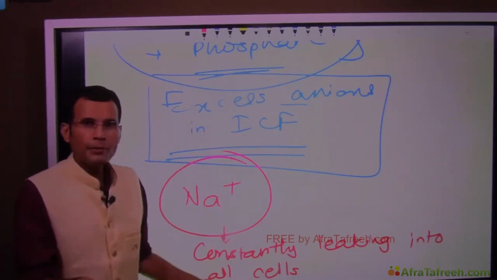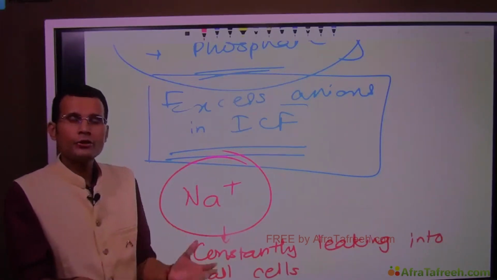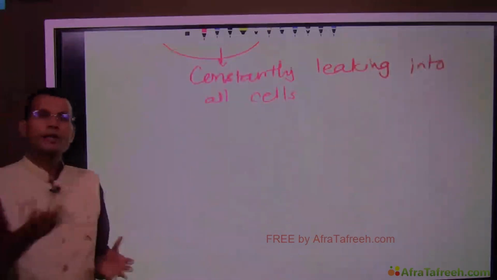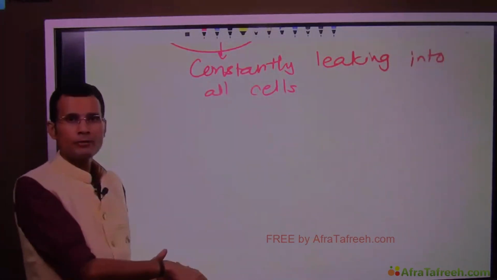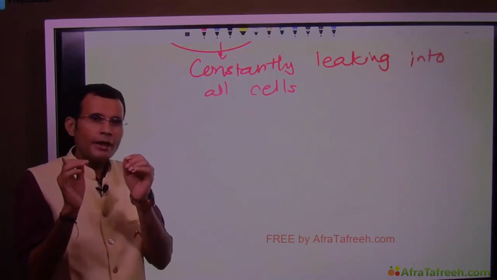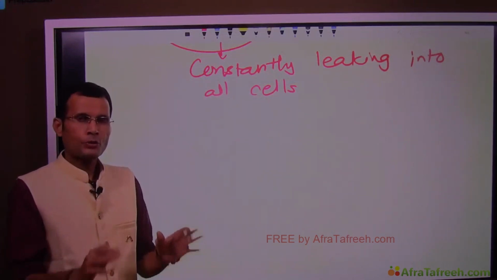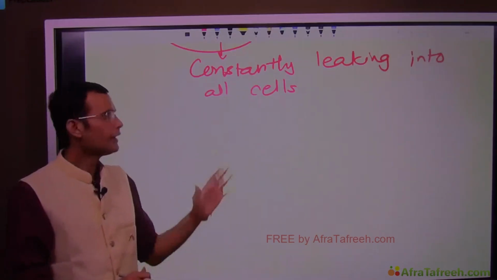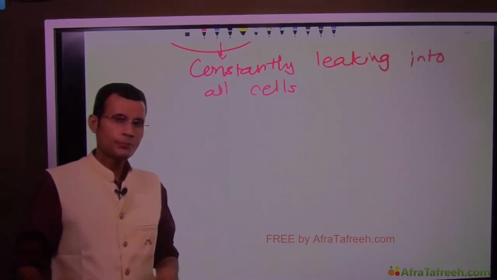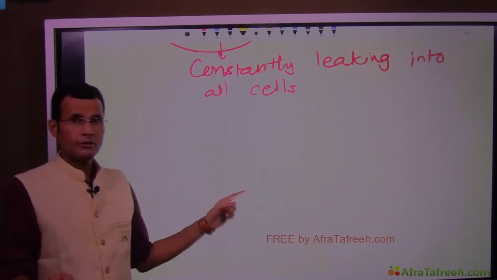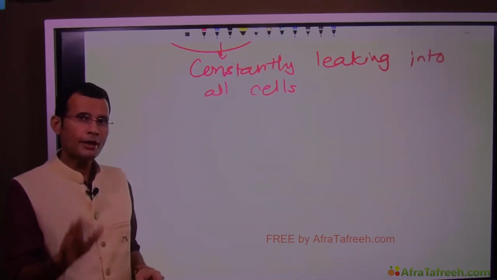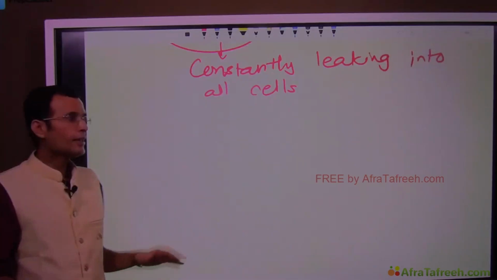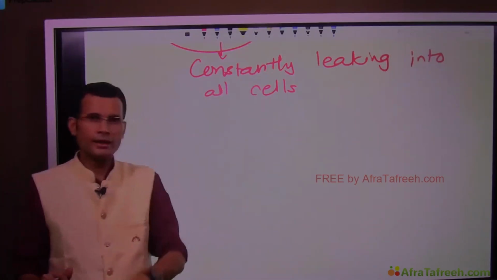It is attempting to reach that electroneutrality. Excess anions are there, and therefore sodium is also coming in from outside. At this point you can remember this much. Sodium does not stay. It comes in, but it does not stay. It's only attempting to stay. It's not going to stay inside the cells. What happens to it? We will see that later.